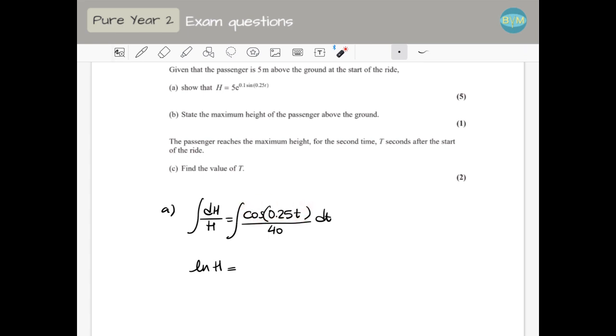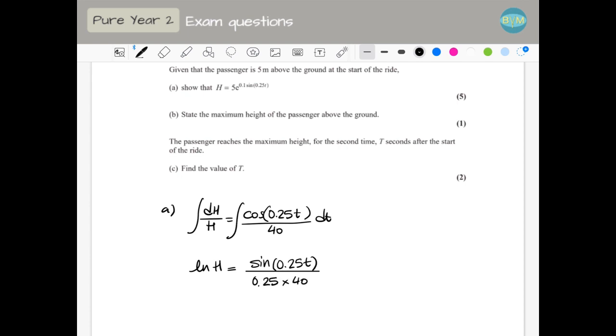the integral of cos is going to be sine, the same function inside. I have to divide by the derivative of this one, because when I integrate I divide by it, and I have the 40.